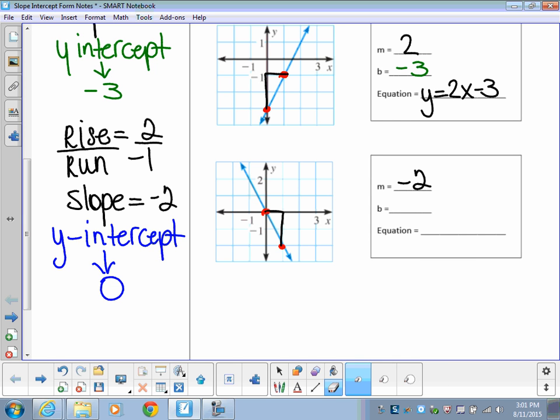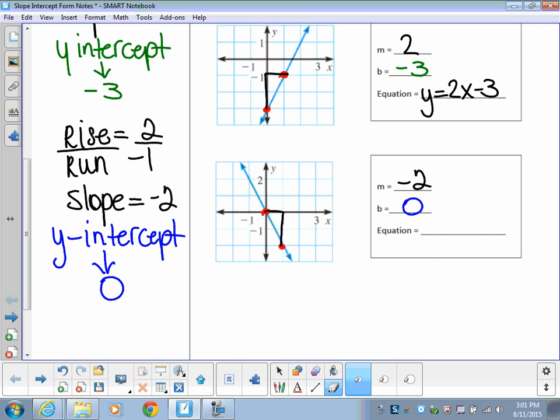I move over to my box, and right next to b equals, I write 0. Remember, that's a special case. Whenever your line is going through your origin, your y-intercept is 0.